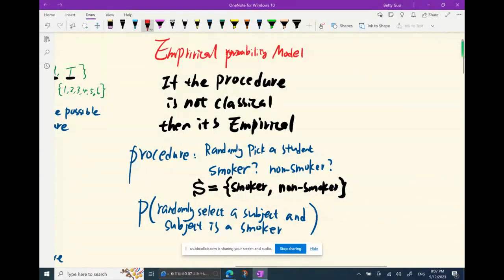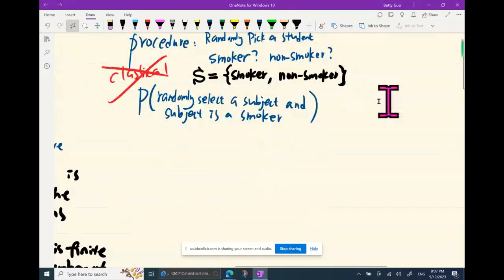That means it is not classical. If it's not classical, what is it? It is empirical. Am I clear about that? All right, so it is empirical.